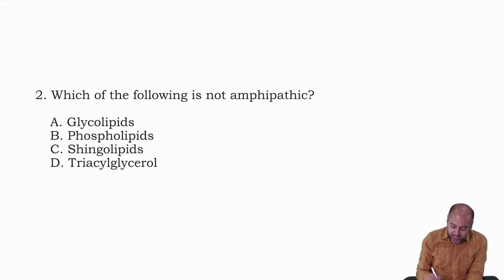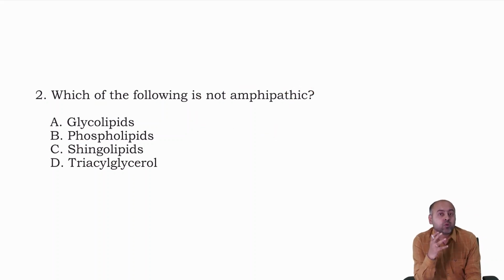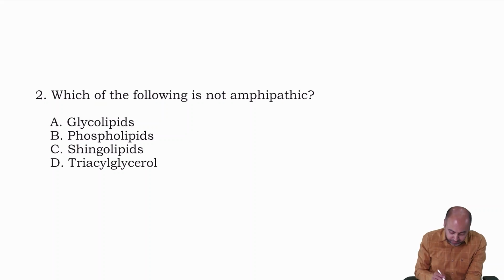Okay, so this amphipathic nature becomes very, very important when we talk about the membrane structure, particularly if you're talking about the lipoproteins, because the membrane has to interact with both the water and the inner content, and in case of lipoproteins, the inner content is typically the non-polar molecules. So there the amphipathic nature of the molecules becomes very, very important.